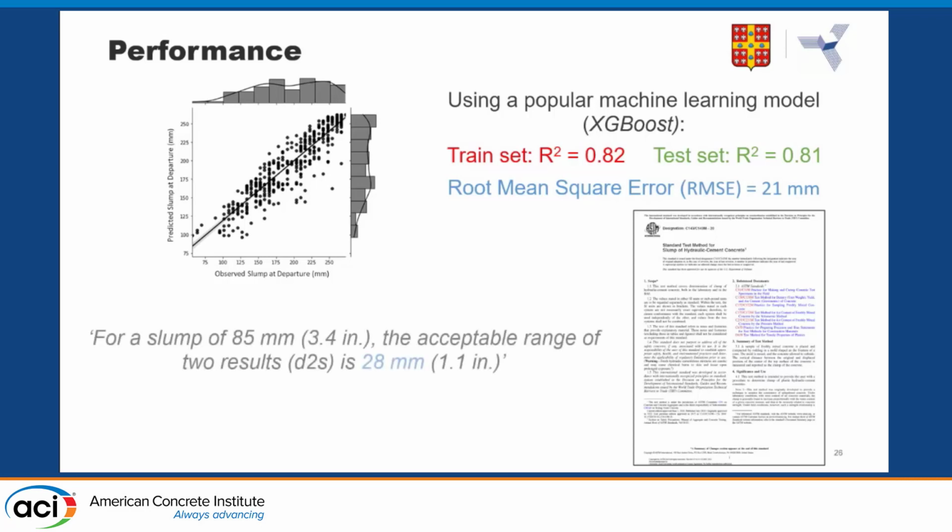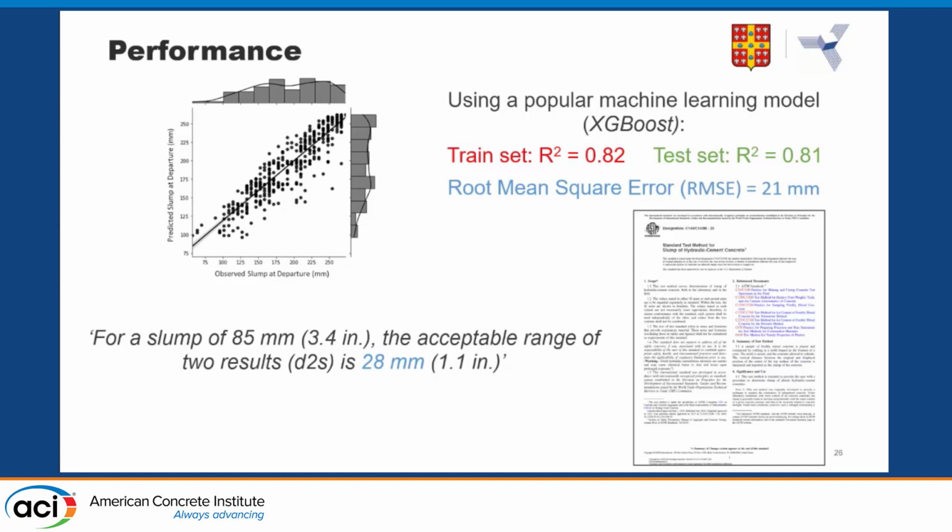And if we have a look at the ASTM standard for a slump of 3.5 inches, you've got 1.1 inch of acceptable range. So based on the error yielded by the model, I can say that I'm lower than the variability of the test itself. So I'm quite comfortable saying that it performs well.